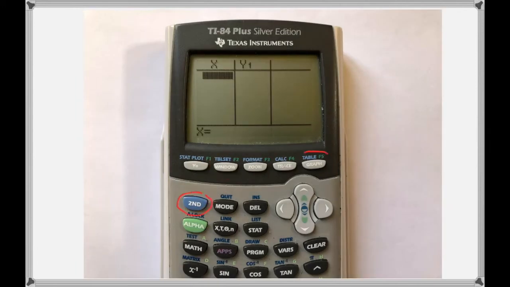So second table, again your function is already entered into the y equals at this point, or should be. Now you can type in x values and it will give you the appropriate corresponding y values.